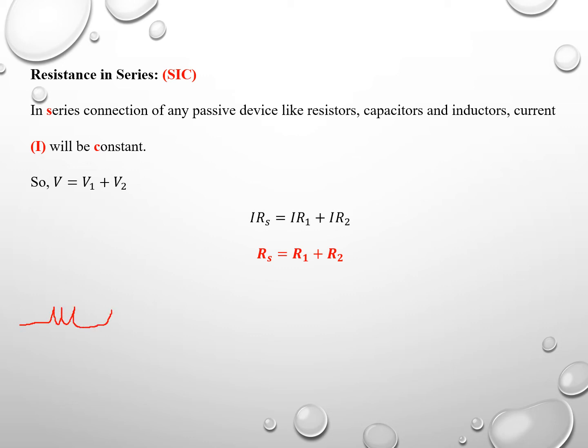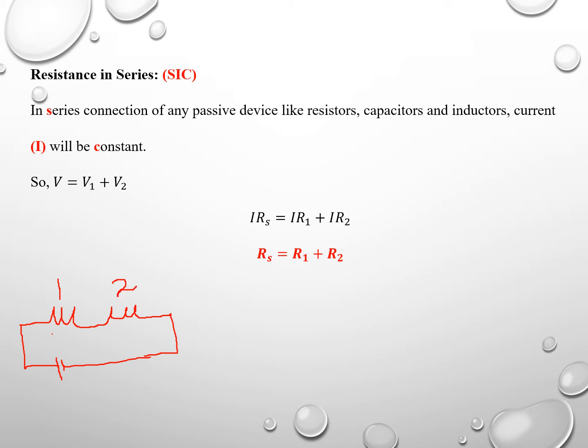Pardon me for this bad image. And if it is connected to a voltage here, then the current in resistor 1 and in resistor 2 will be constant.